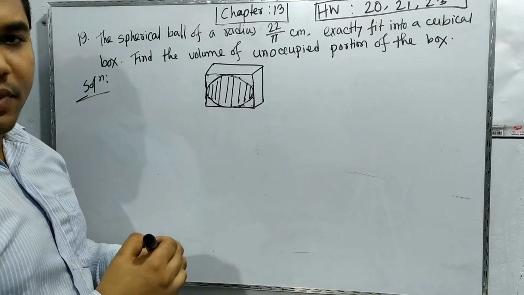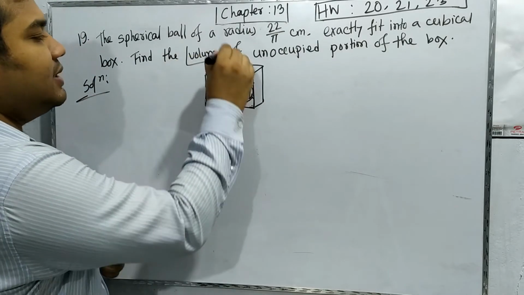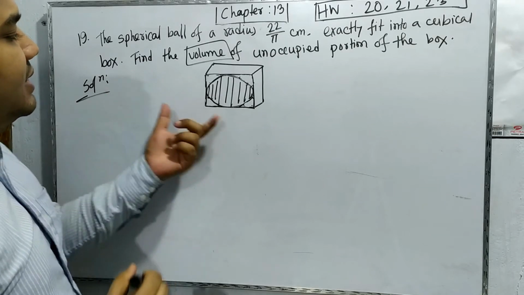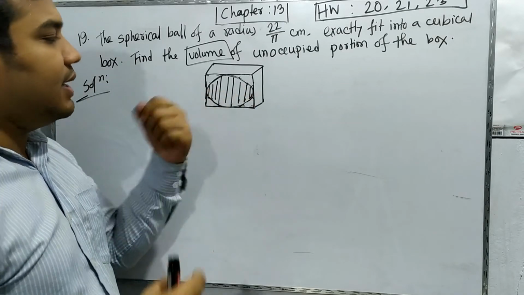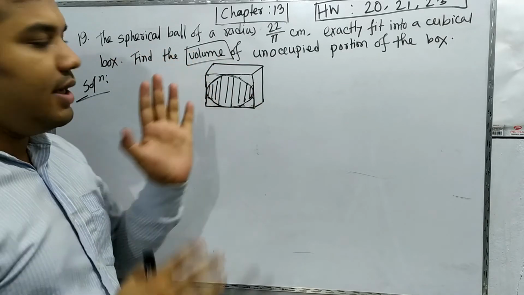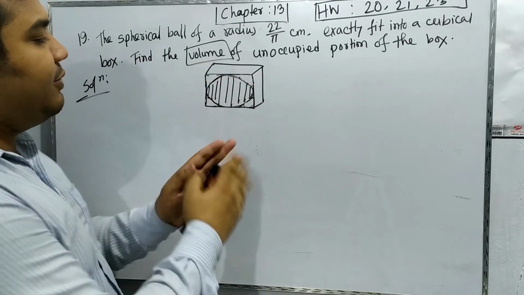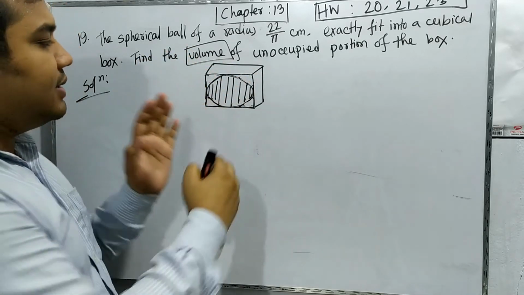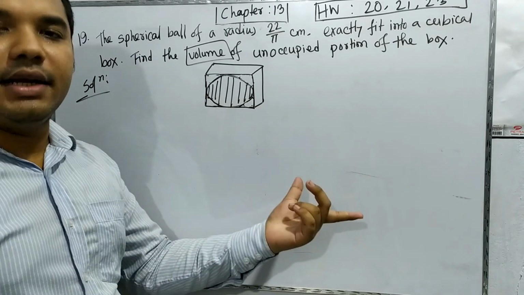So we need the volume, isn't it? What is the volume of the ball? Find it. And what is the volume of the cube? If we find the volume of the cube and the volume of the ball, just subtract these two, and we will get our answer.